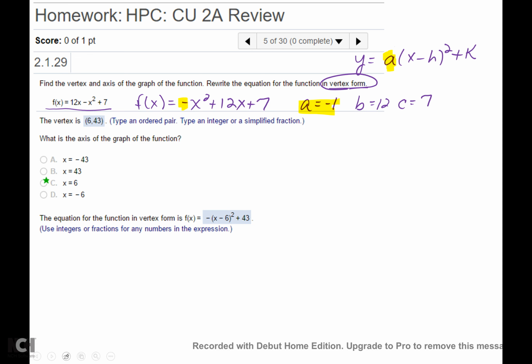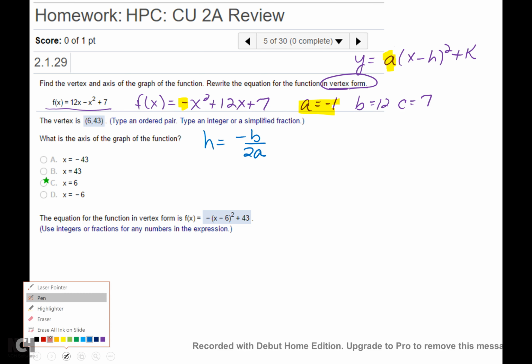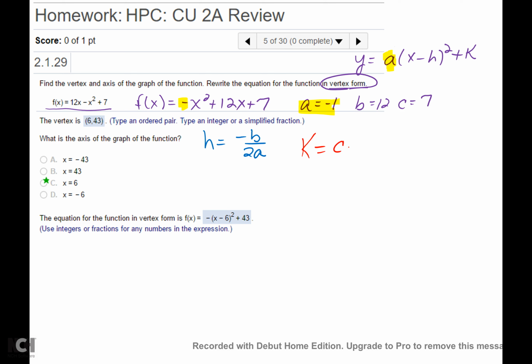Well, we have formulas for that. If you are in standard form, to find your h, it's the opposite of b over 2a, and k is c minus a h squared. So, to find my h, I'm going to have the opposite of b over 2 times a.